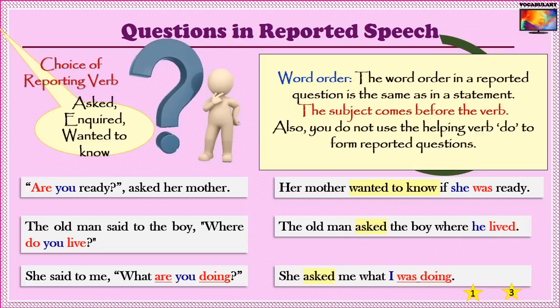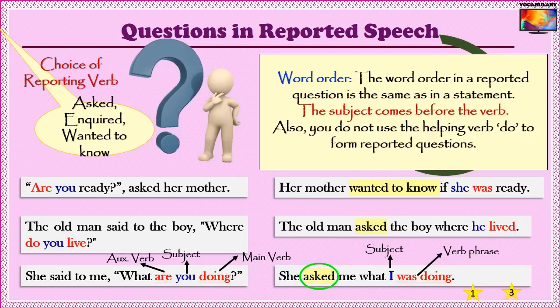Three points that I would like to highlight are: notice that the reporting verb asked, just like the verb told, is mostly used with an indirect object in reported speech. Asked whom? Probably asked the boy or asked me. Second, we drop the question mark in indirect speech. And third, notice the word order.